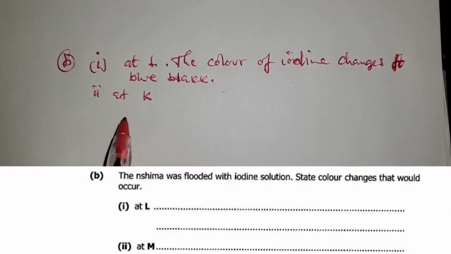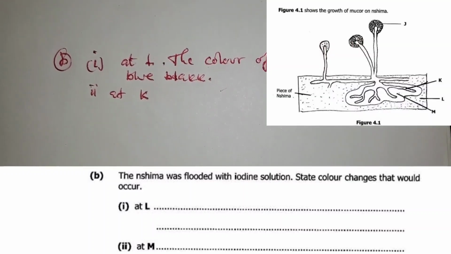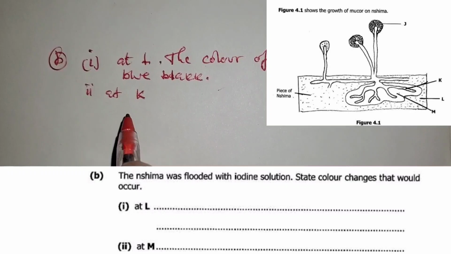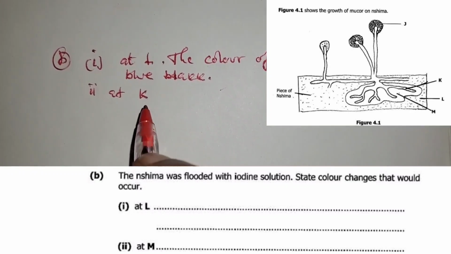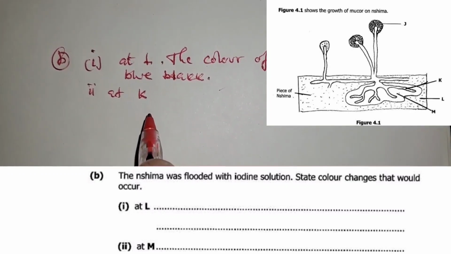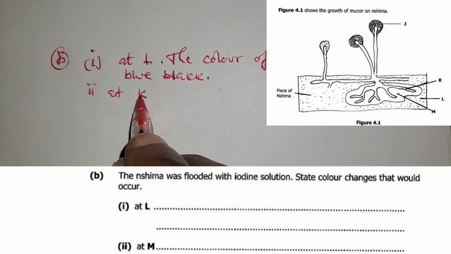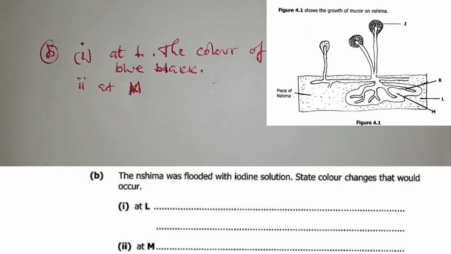Okay, blue black. Then at K, not at K, at M. I'm sorry. At M, so the first one is at L, then the second one is at M.